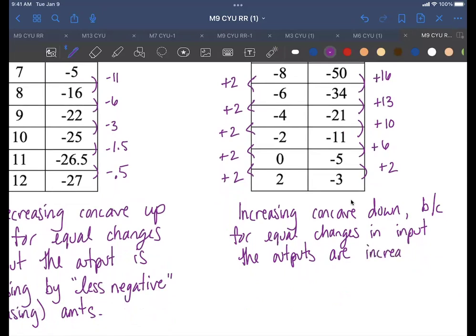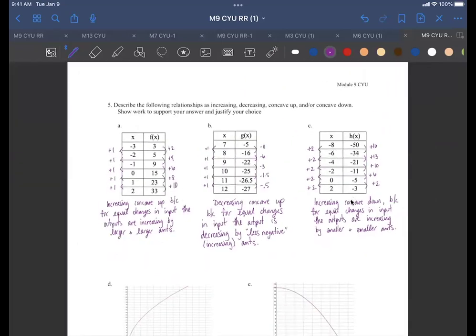Yes, they are increasing, but they're increasing by smaller and smaller amounts. And that is what makes it concave down.